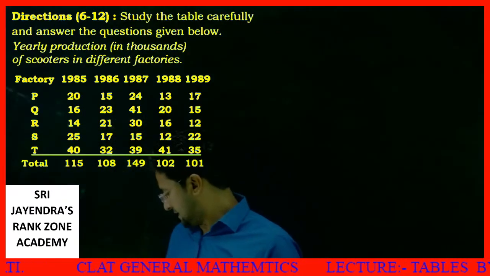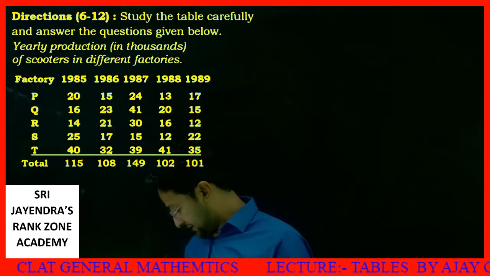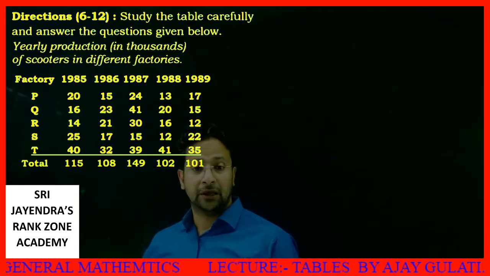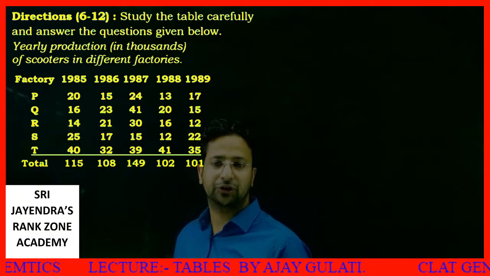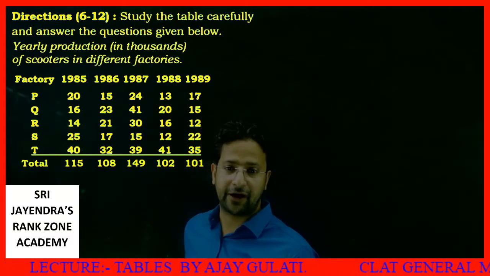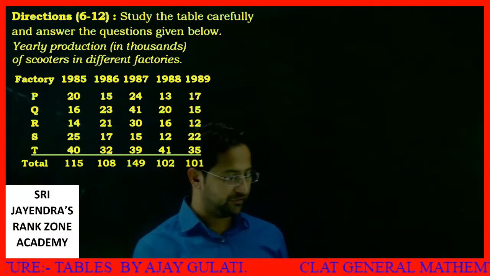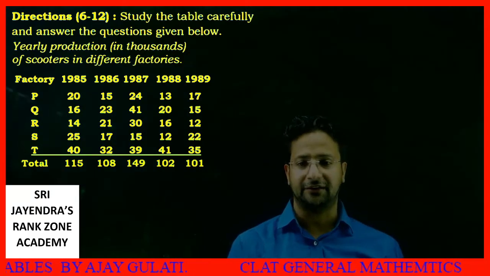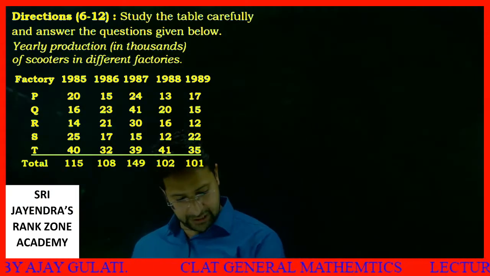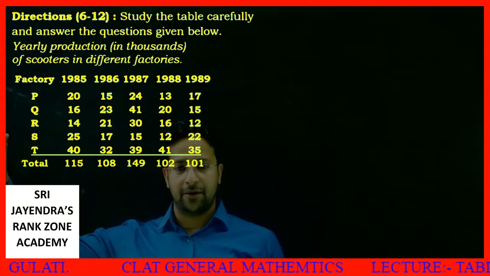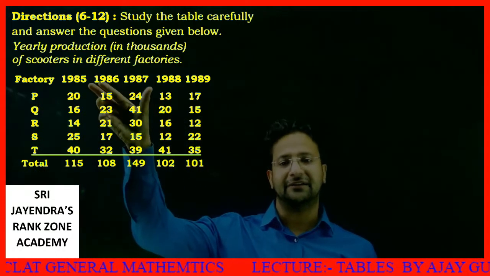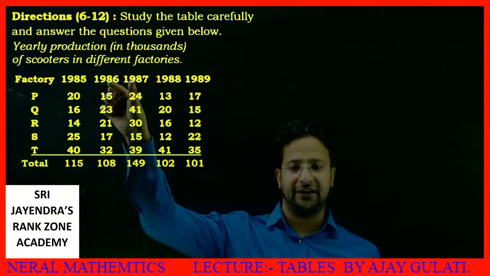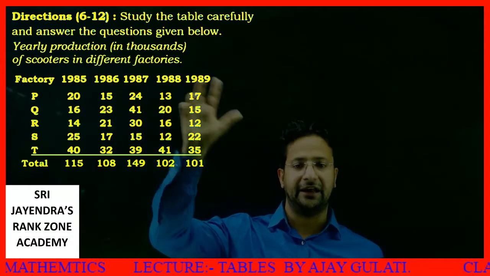So students, let's move to the next set of questions. We have a table in front of us. Study the table carefully and answer the question given below. Yearly production in thousands of scooters of different factories. We are being provided with 6 factories. These are, as we can see, P, Q, R, S, T. Then these are the years 1985, 86, 87, 1988, 89 and so on.